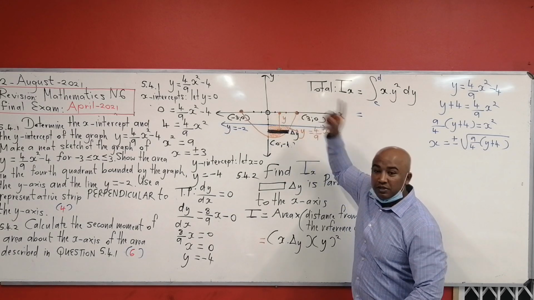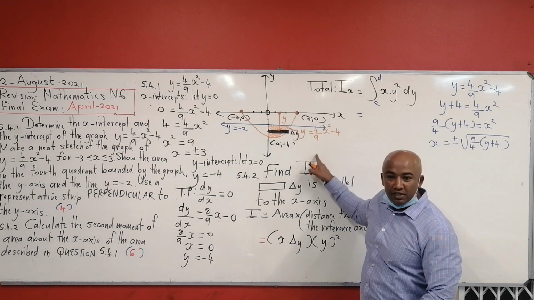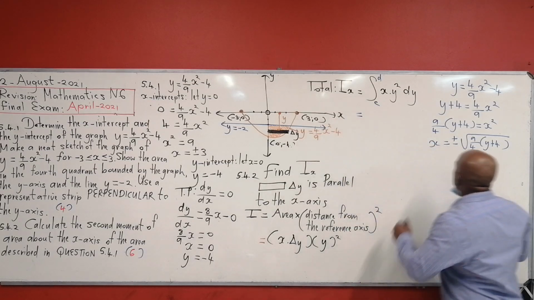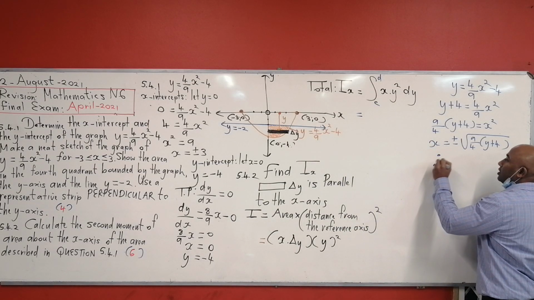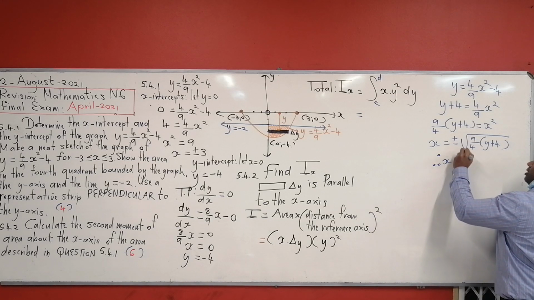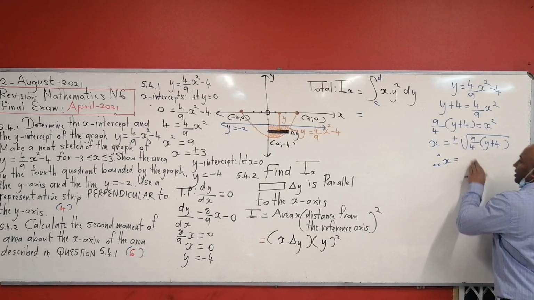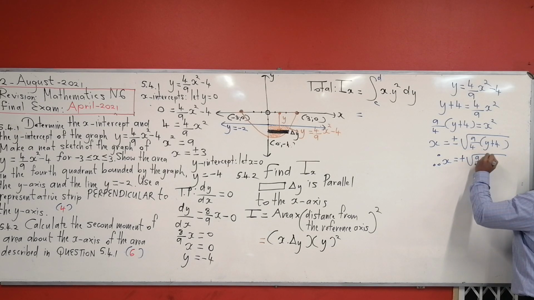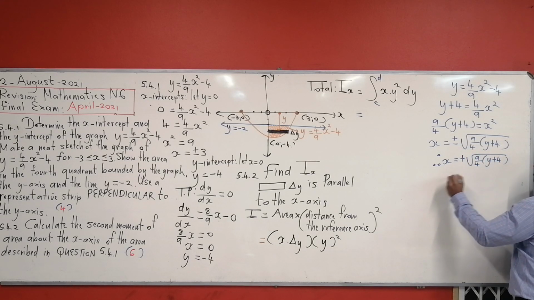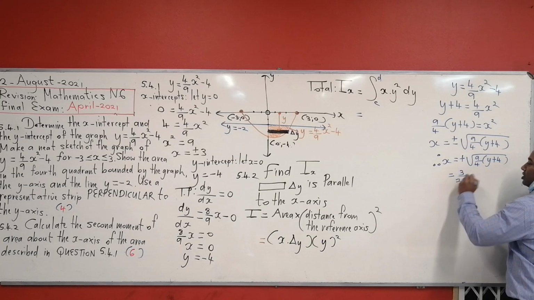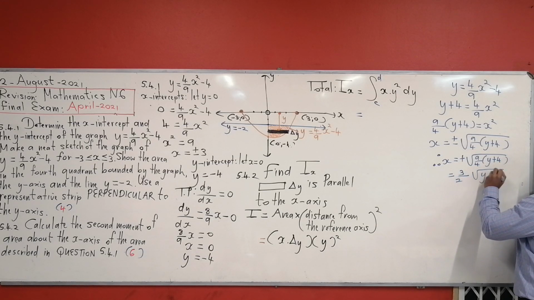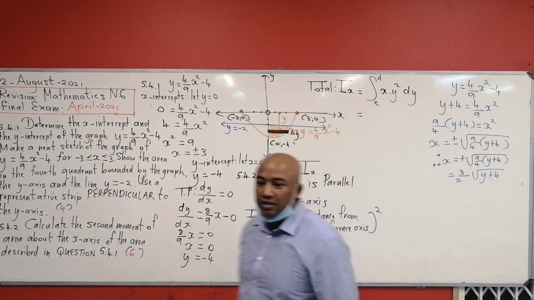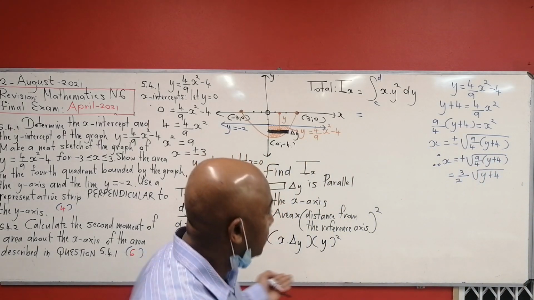You can see x is positive in the first quadrant, x is positive in the fourth quadrant. You can see this is the positive x-axis. So therefore, x is equal to the positive square root of 9 over 4 times y plus 4, which is going to be 3 over 2 times the square root of y plus 4. The square root of 9 is 3, the square root of 4, 2.